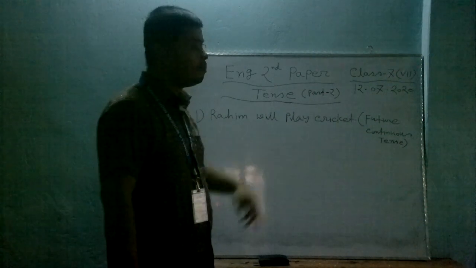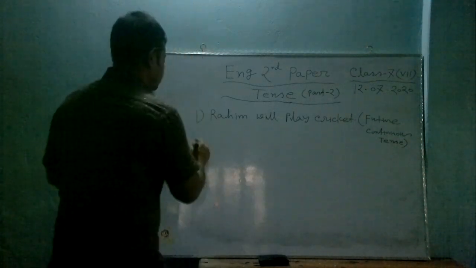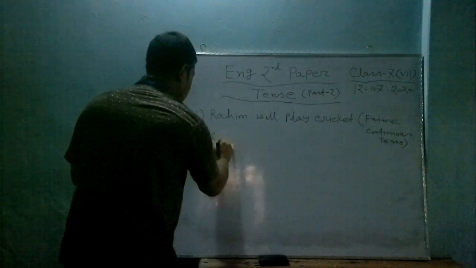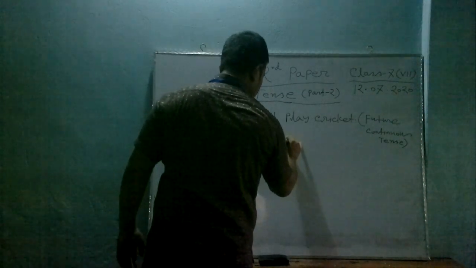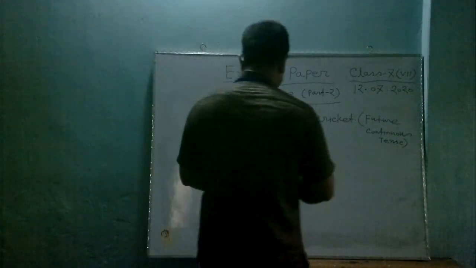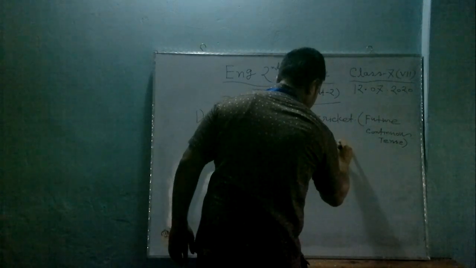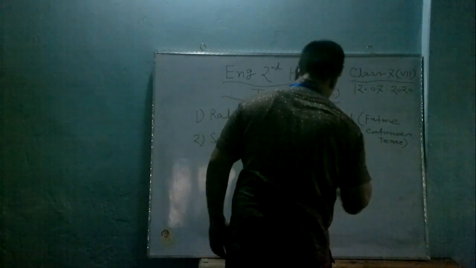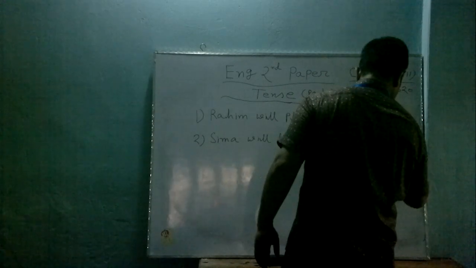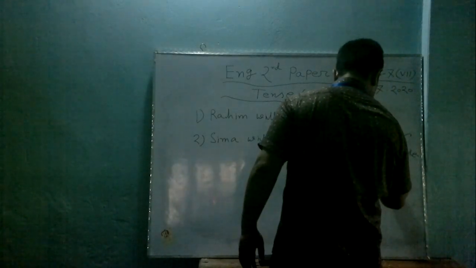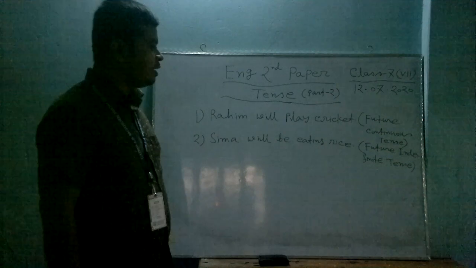First sentence is: Rohit will play cricket. You can make this sentence in future continuous tense. Second one is: Shima will be eating rice.